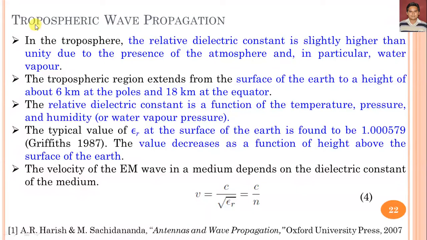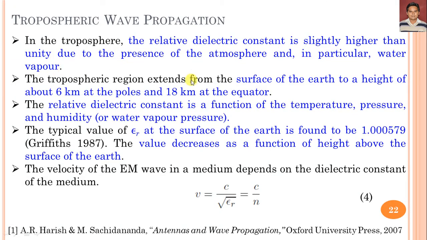Further, we discuss tropospheric wave propagation. In the troposphere, the relative dielectric constant is slightly higher than unity due to atmospheric conditions, in particular water vapor.